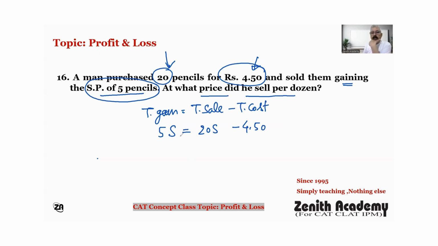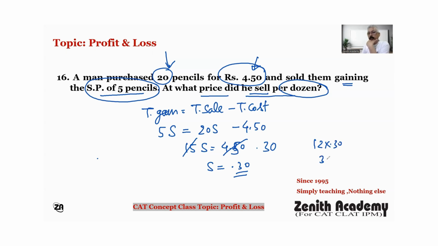Is it okay? So 20S minus 5S is 15S, equal to 4 rupees 50 paisa. So one pencil selling price is equal to 30 paisa. So here per dozen selling price is going to be 12 into 0.30, 3 rupees 60 paisa. Got it?